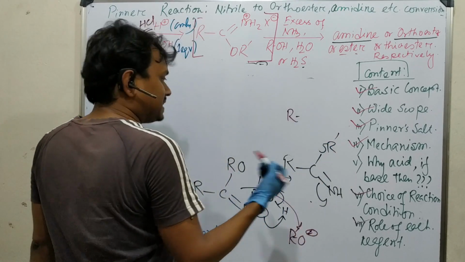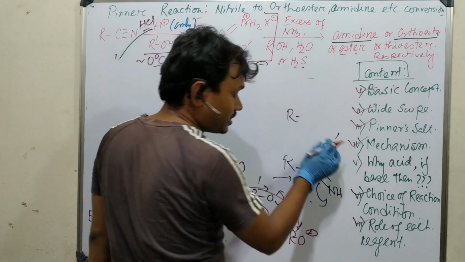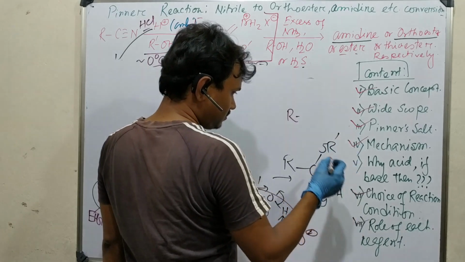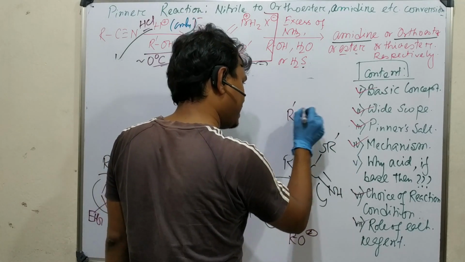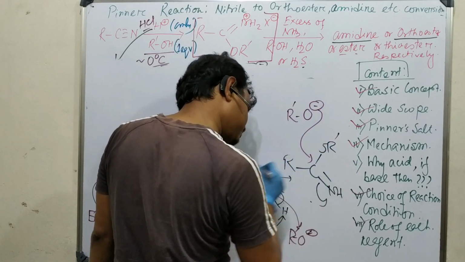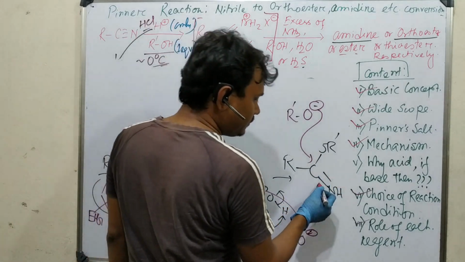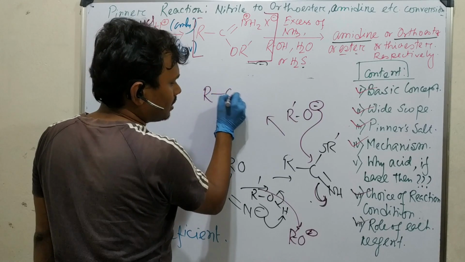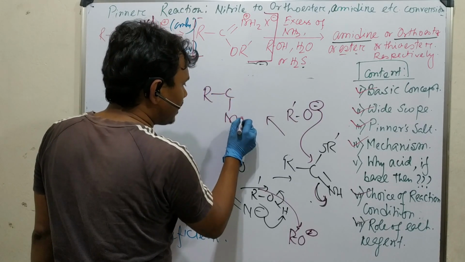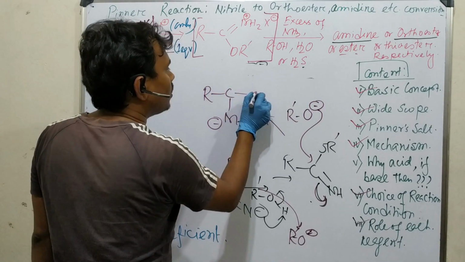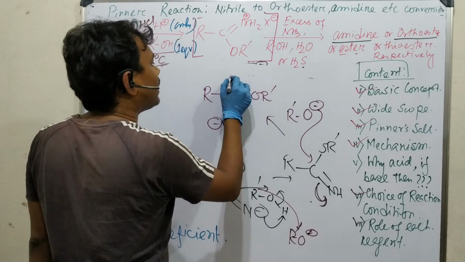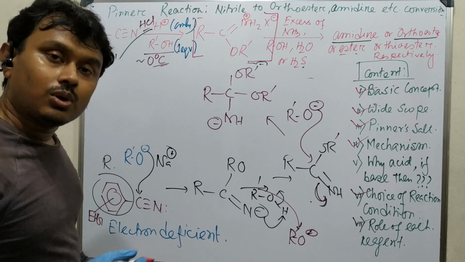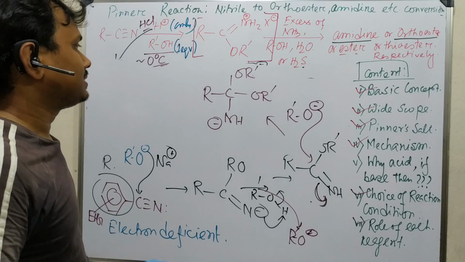Sorry, I made a mistake last time, so don't get confused between R and R prime. This is R prime O minus, it will attack, so it will open definitely as it is. So what will it result in? R C NH minus OR prime and again OR prime.